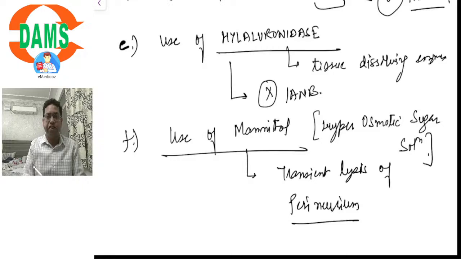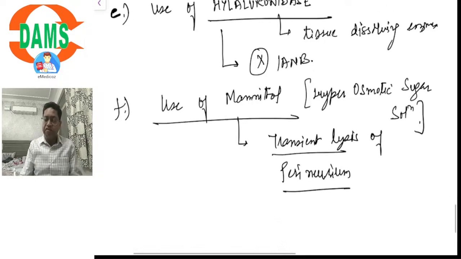It is called perineurium. Nerve bundles are arranged in epineurium, perineurium, etc. They are the different layers present in the nerve bundle. Transient lysis of the perineurium occurs due to mannitol, and this causes better LA penetration to the nerve.